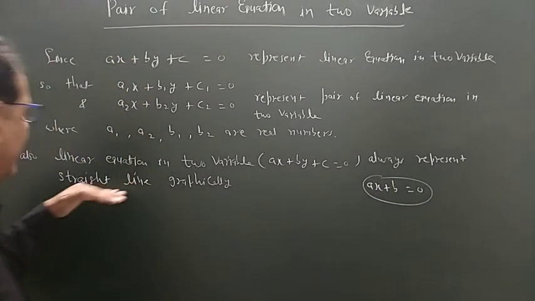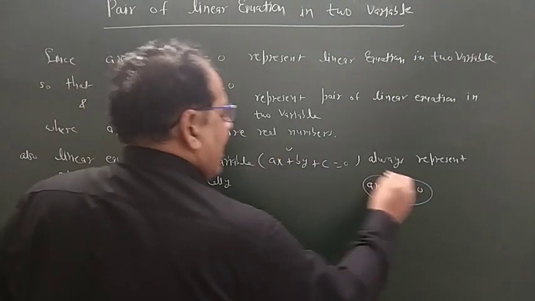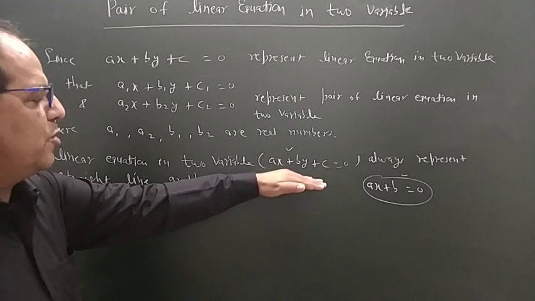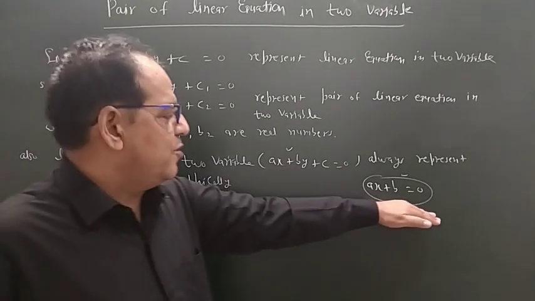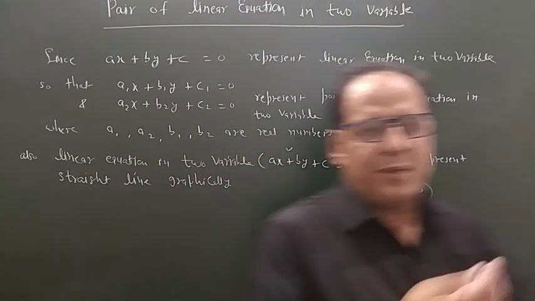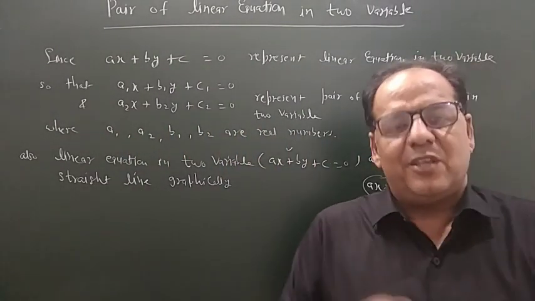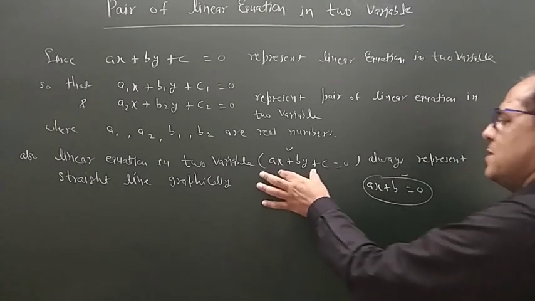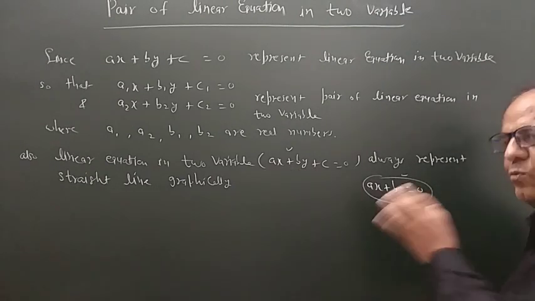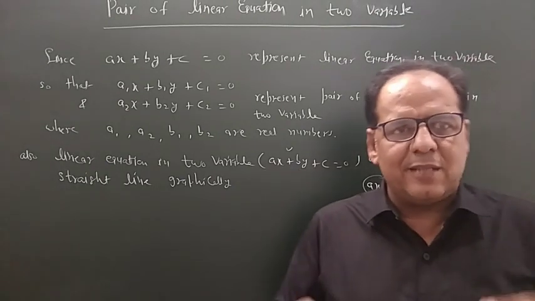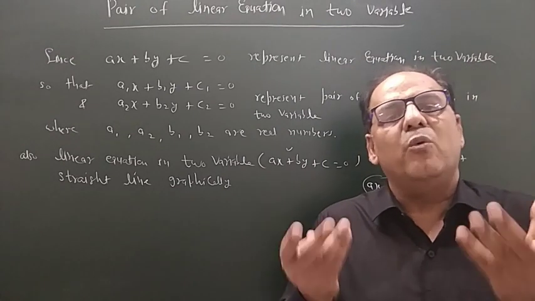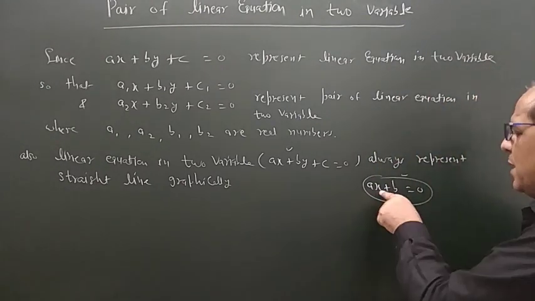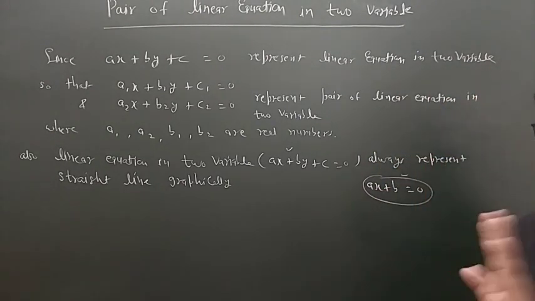So what is the difference between this and this? Because this equation also represents a straight line, and a linear equation in one variable also represents a straight line. The difference is that a linear equation in one variable represents a straight line parallel to the x-axis or y-axis, depending on the variable x or y.